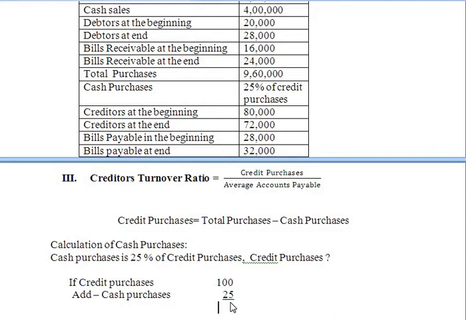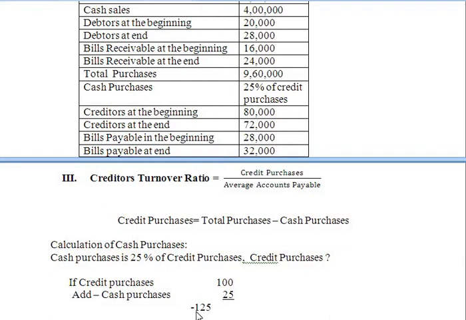This is total purchases. Credit purchases we have considered as 100 percent, so 25% on 100 will be 25. So 100 plus 25 is total purchases. So write in front of 125: total purchases.